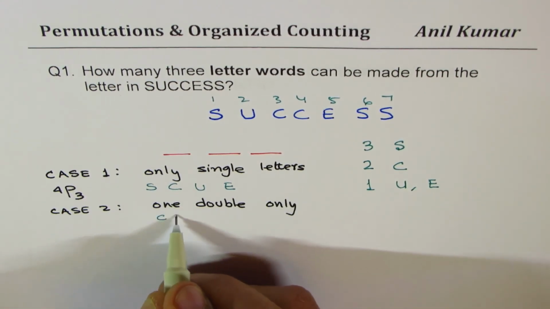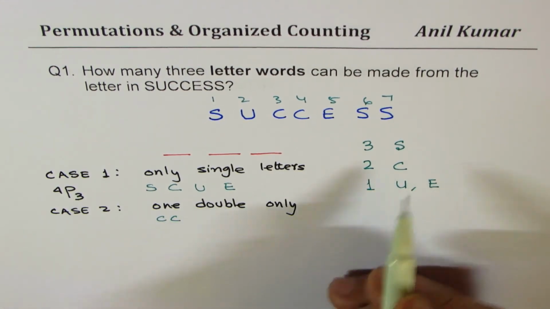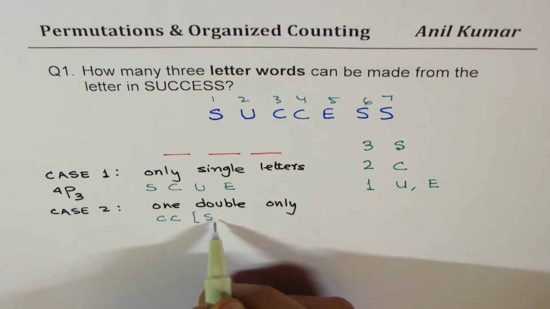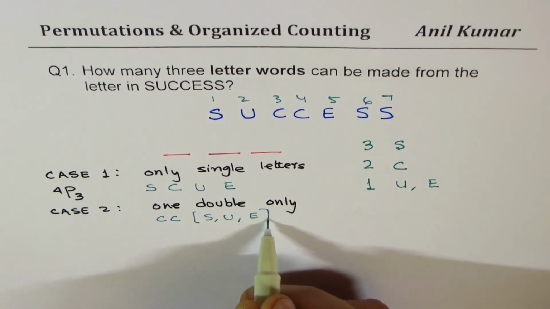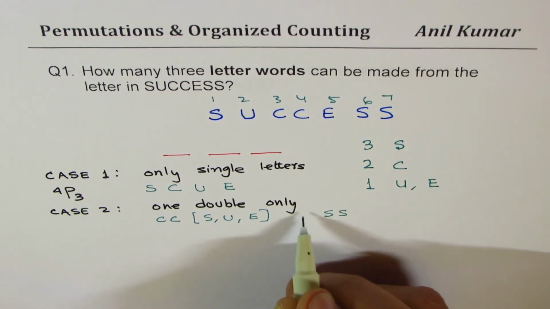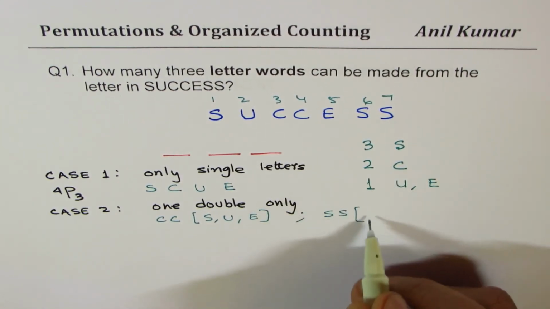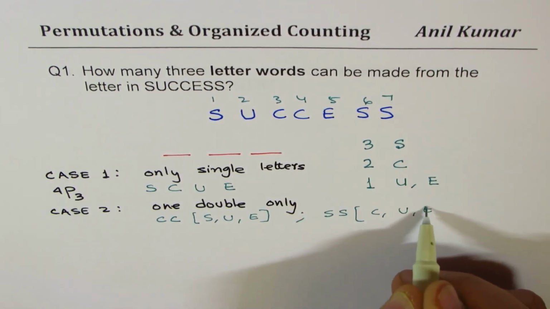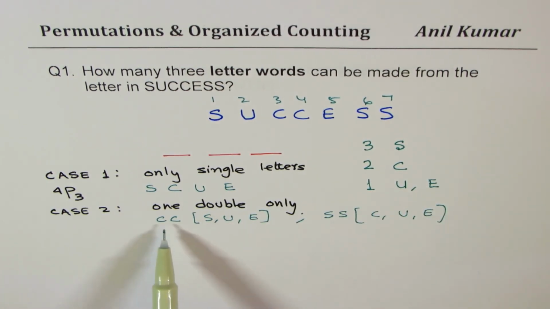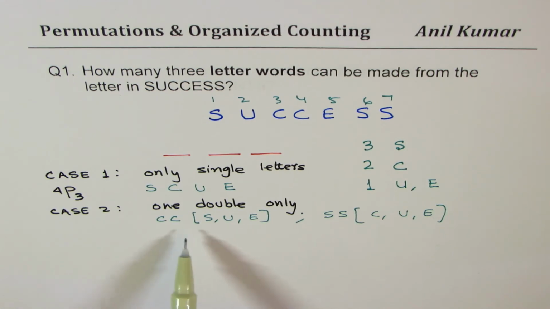We could have 2 C's along with any of the others, which are S, U, and E, right? Or we could have 2 S's with C, U, or E, correct? So that becomes the next combination. Okay, so let's look into this one first.